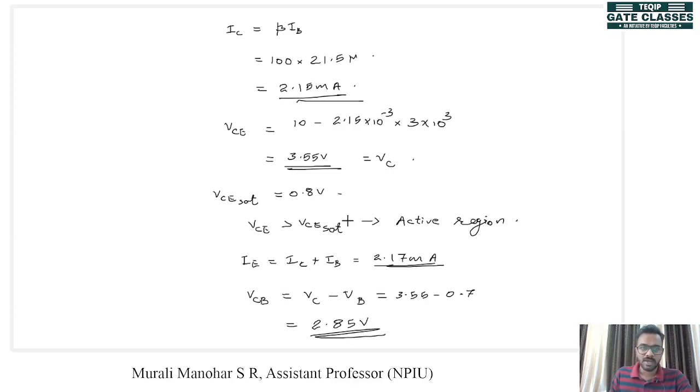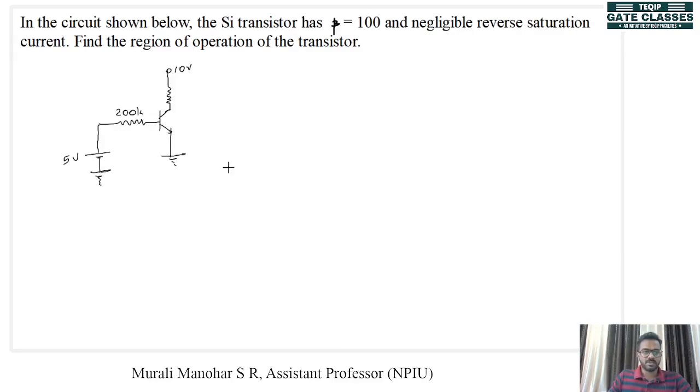Okay, now let's do the next problem. So the next problem is the same one only, but here we just need to find the region of operation of the transistor. We have already found it, but in this case we will use the second method. So here assume that the transistor is in saturation region.